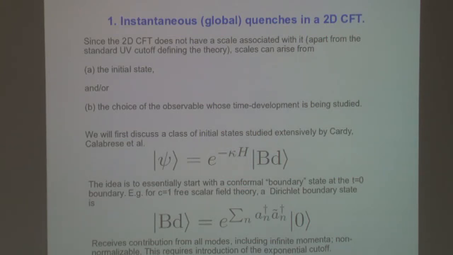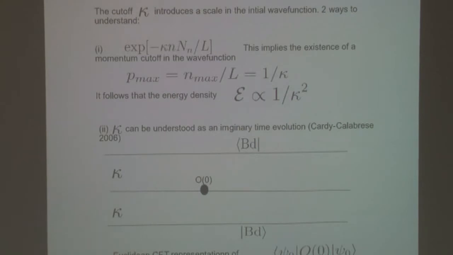One very traditional classical way of doing it is to put a cutoff like this on the energy. This cutoff kappa introduces a scale in the initial wave function. What does the scale do? Basically, it produces a damping factor on the occupation number of high momentum modes. And how high is high?